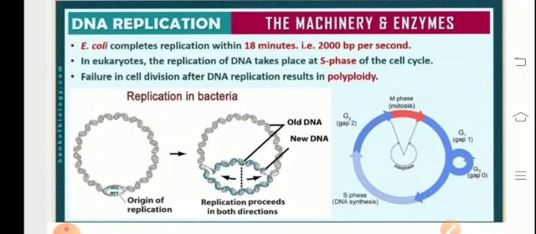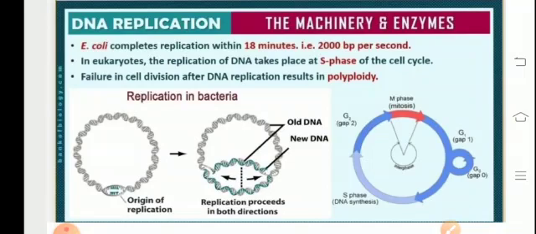Regarding the machinery and enzymes required, E. coli replicates every 18 minutes, so it comes out to be 2000 base pairs per second. In eukaryotes, DNA replication takes place in the S phase, and if there is a failure in proper cell division, it will result in polyploidy.